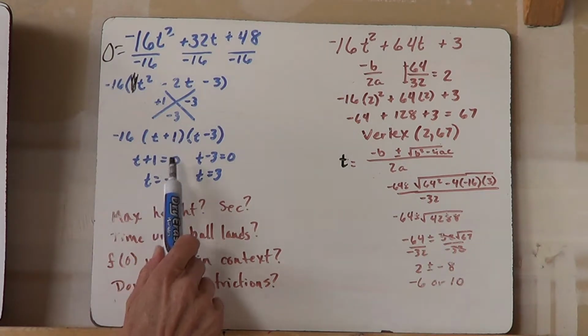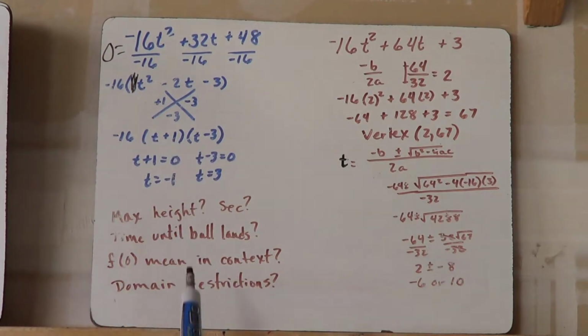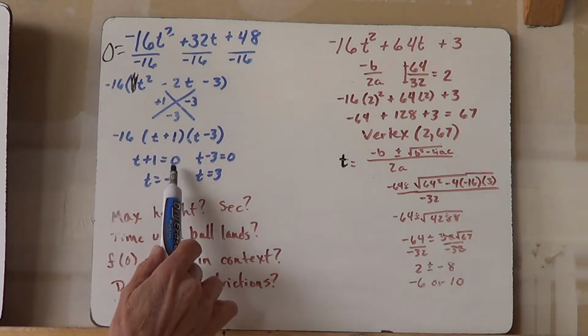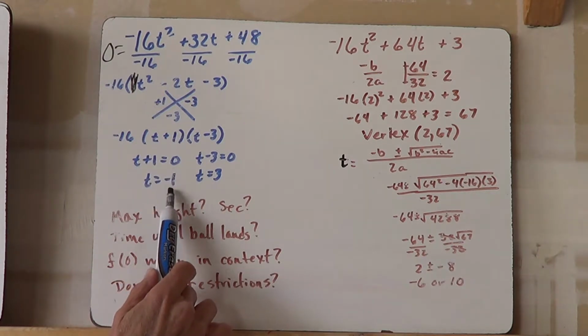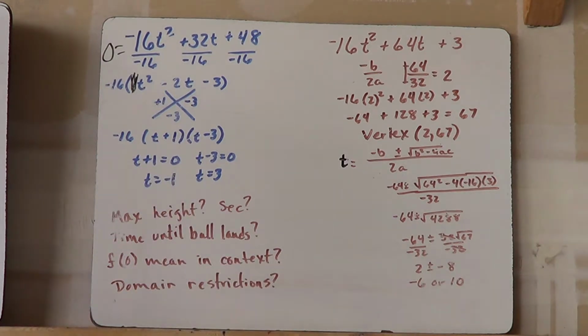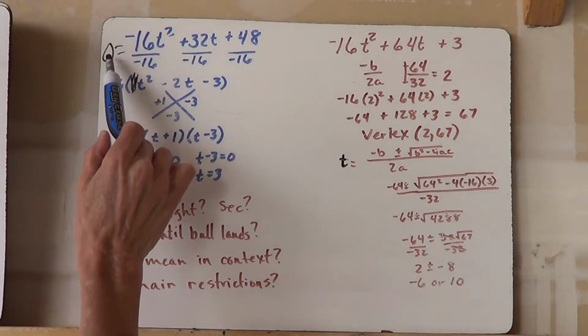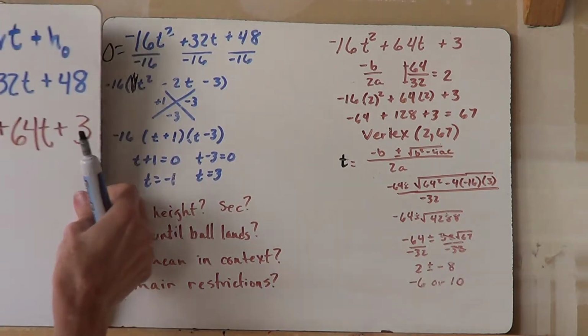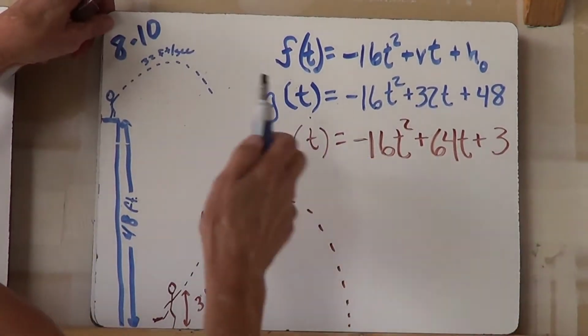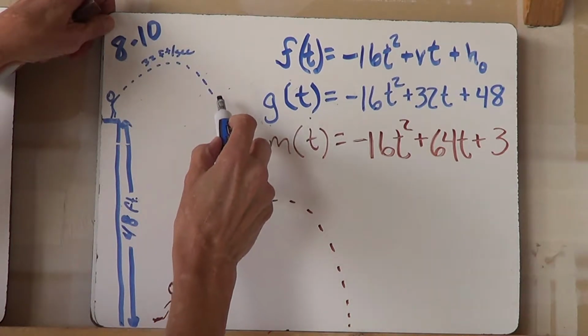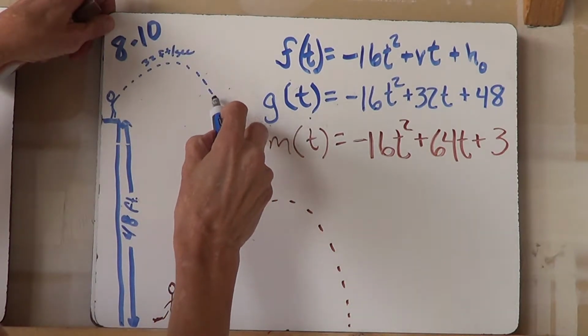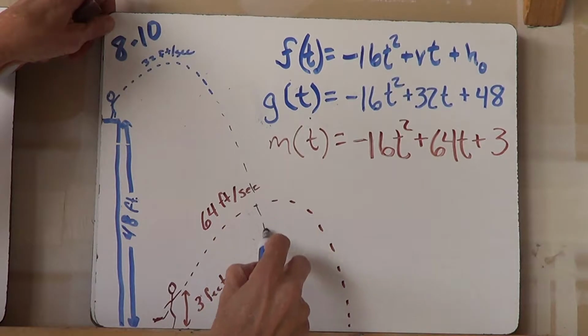We set each of these to 0, zero product property, and we solve it, and we get t as negative 1 and t as 3. So in other words, in order for the height of this guy's object to be 0, it would need to be in that 0 clear down here.